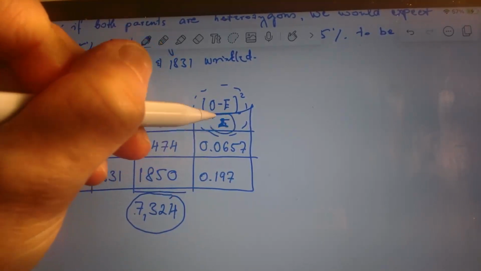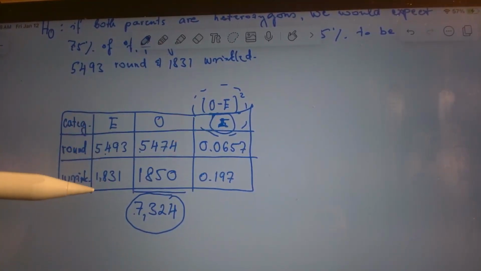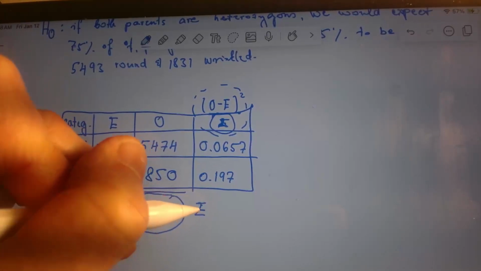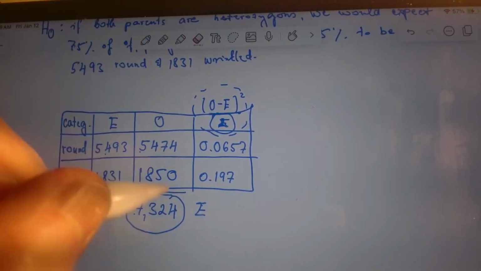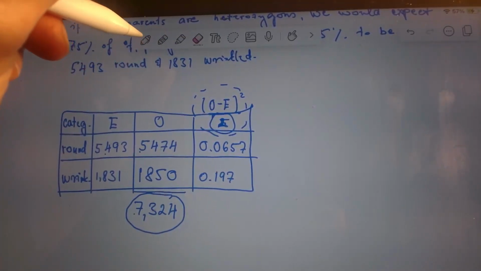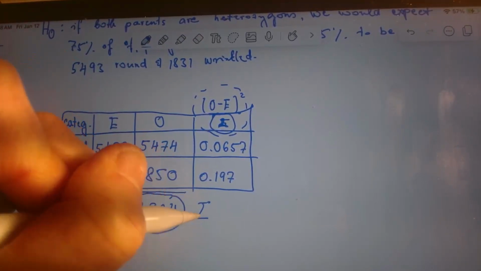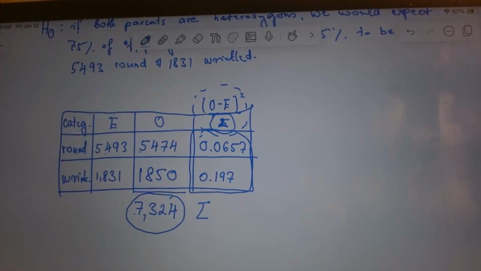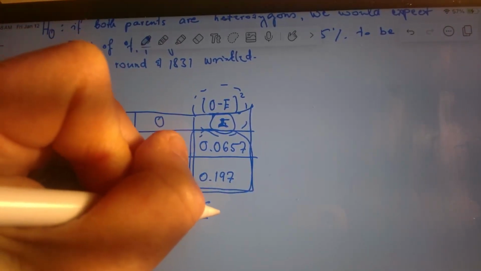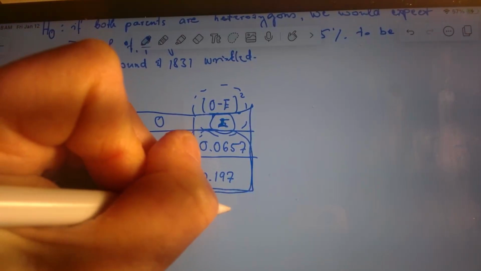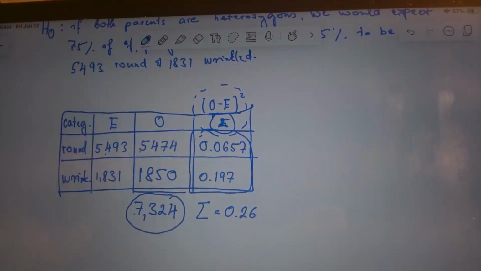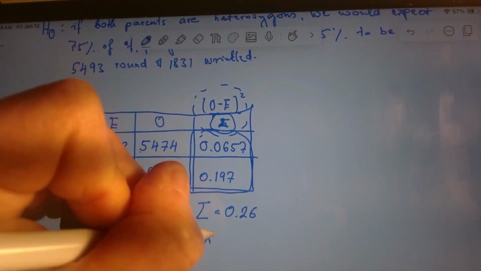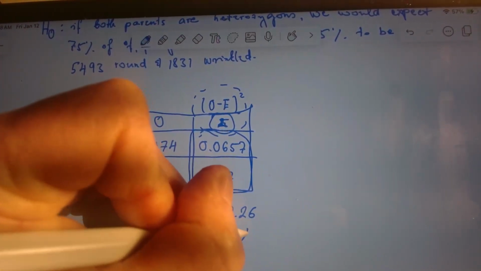Make sure you guys are dividing the values by the expected value. And now what we are going to do for the chi-square test is sum up these two values, and what we will have is 0.26. Now, this is our chi-squared value.